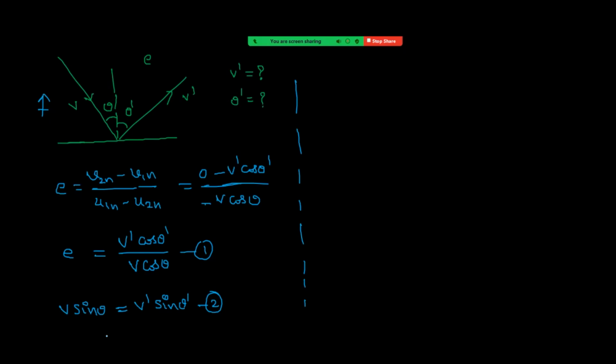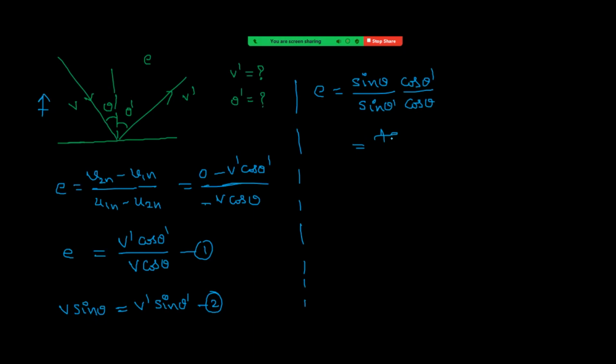See what we can write in the place of V dash by V. V dash by V is sine theta by sine theta dash. That means e equal to sine theta by sine theta dash, this is cos theta dash by cos theta. See from this, what is this?